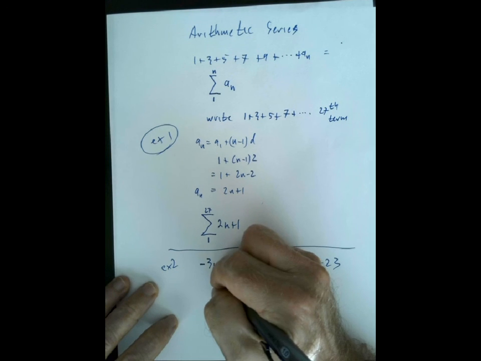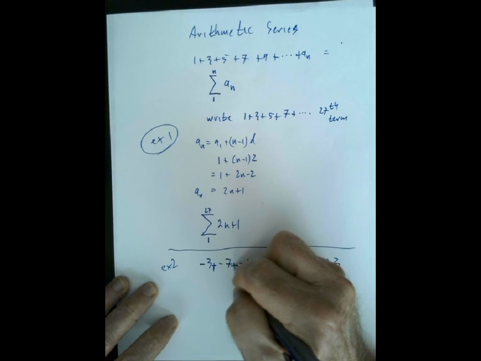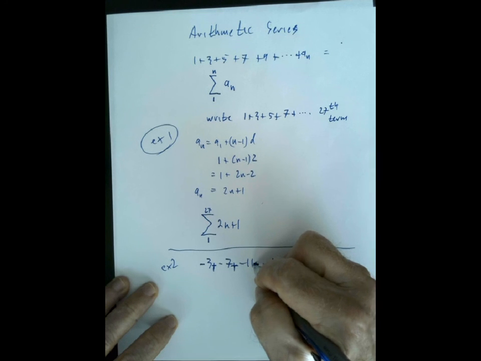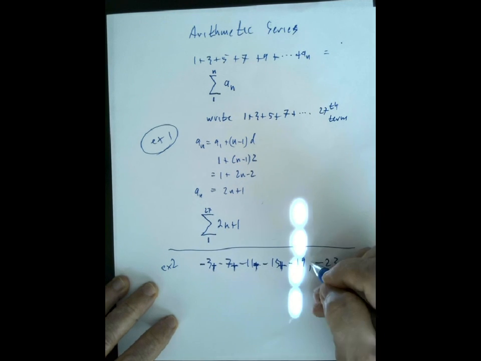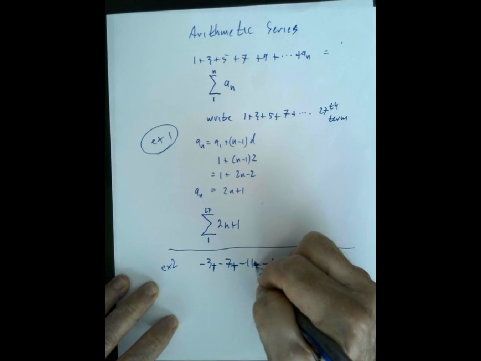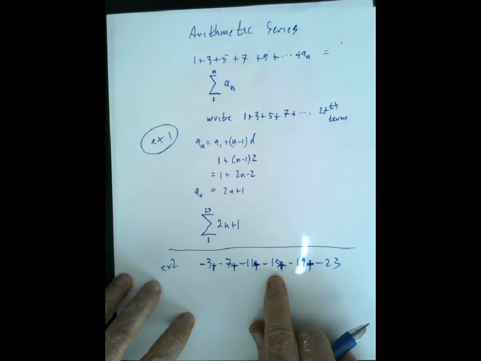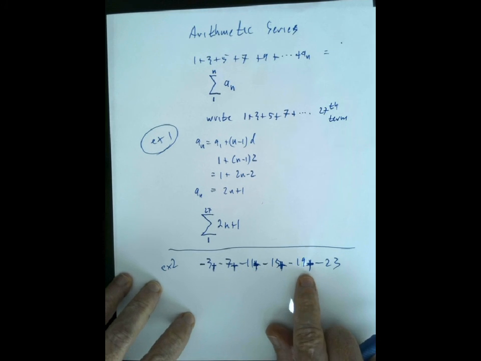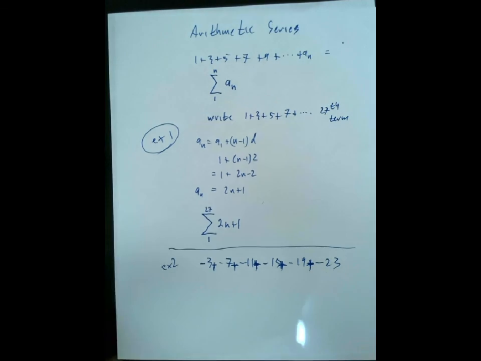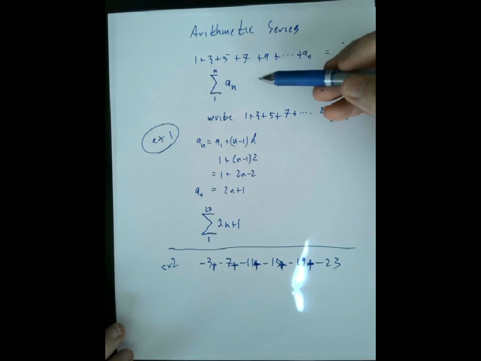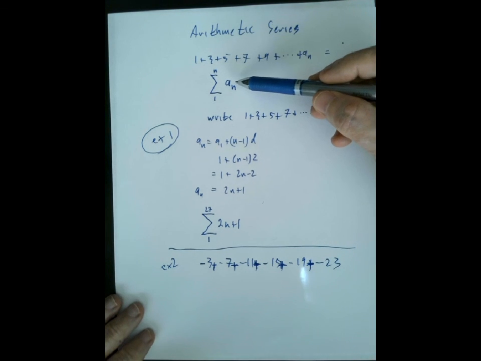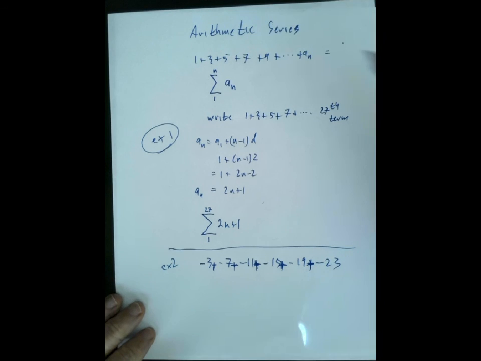Those are obviously supposed to be pluses because I want this to be a series, not commas. So that's negative 3 plus negative 7 plus negative 11 plus negative 15 plus negative 19 plus negative 23. Write that series in sigma notation.